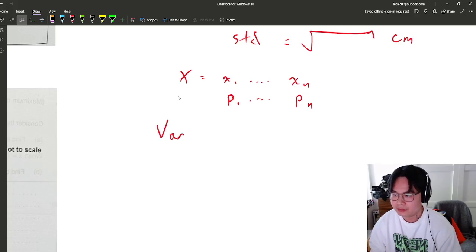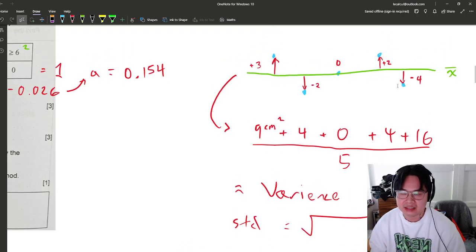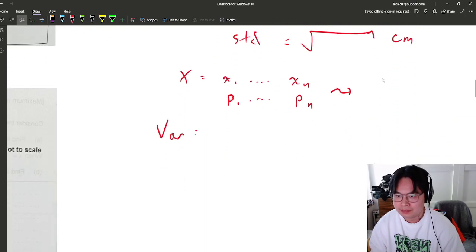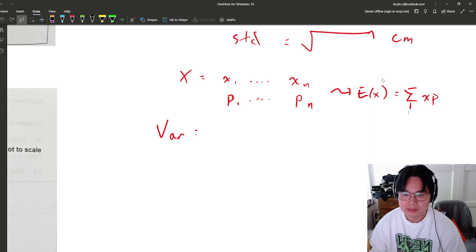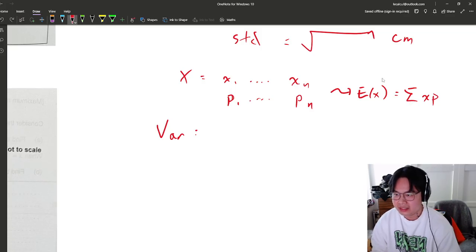first off, we need to calculate their average. We know that that's the expected value. So this is literally just the sum of x times p from 1 to n. So your variance is each individual x subtract the average.